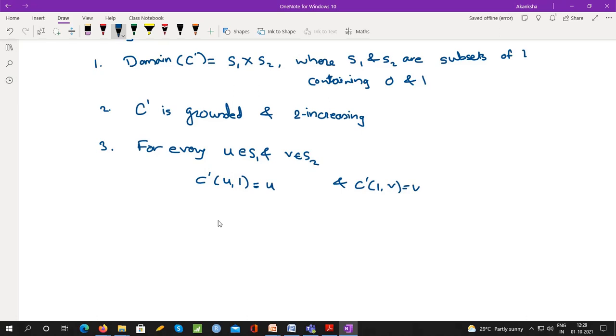And here we are saying C prime is grounded and 2 increasing. So this automatically implies that C prime is increasing in individual arguments also. Okay. So using all these properties, we can prove that C prime(U,V) is between 0 and 1, which is the same as saying that the range of C prime is a subset of I. So can you see why that would be the case?